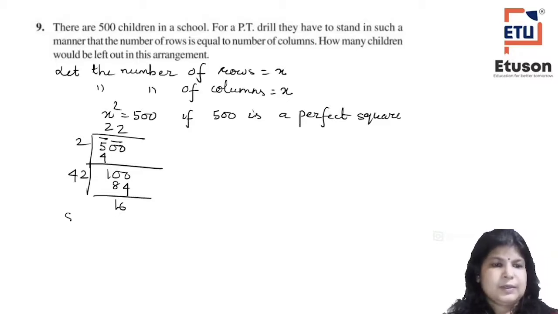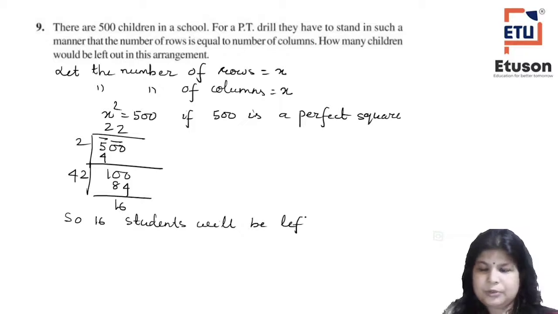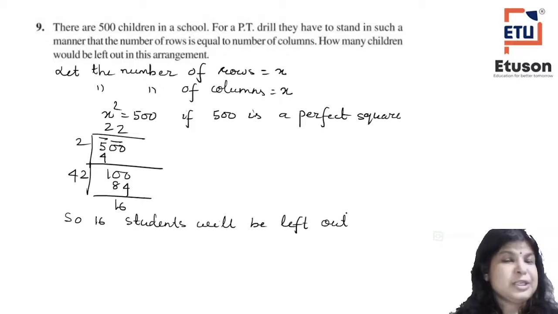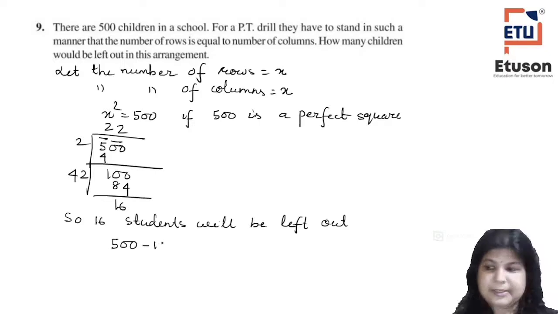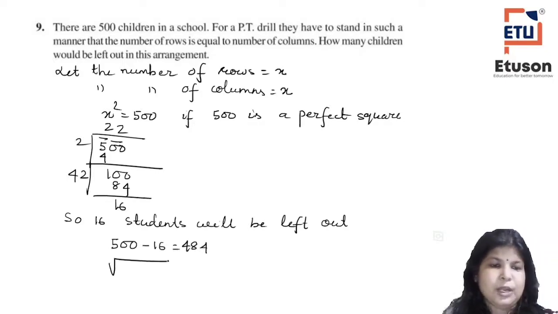So 16 students will be left out, right? And if you want to know how many children will be there in the line, you can just subtract 500 minus 16, which is equal to 484, and the square root of 484 is equal to 22.